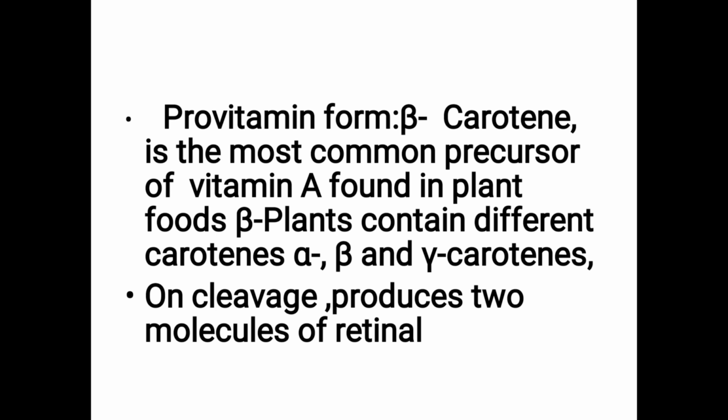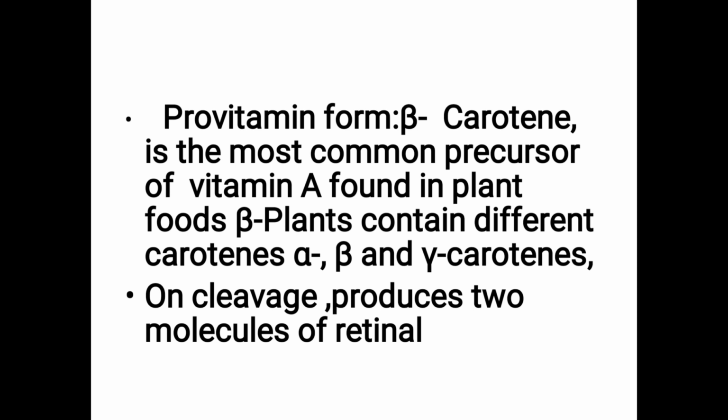This may be asked as a one word answer or multiple choice question. Which is the most common provitamin form of vitamin A present in food of plant origin? That is beta carotene. So beta carotene is the provitamin form mainly found in plant food.